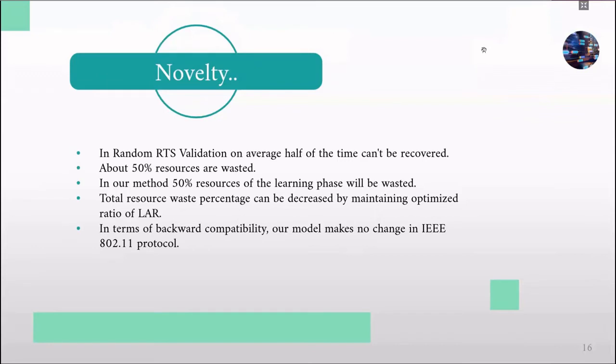On the other hand, the total resource waste percentage can be decreased by using an optimized learn to action ratio. Like, take LAR as 0.5, that means the action phase time is twice as much as the learning phase time. Then our approach will make an improvement of 33% over random RTS validation.